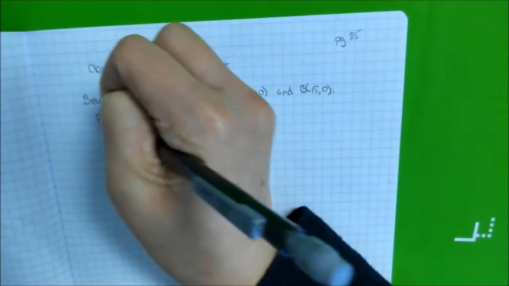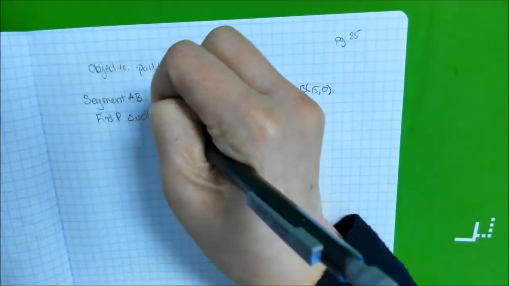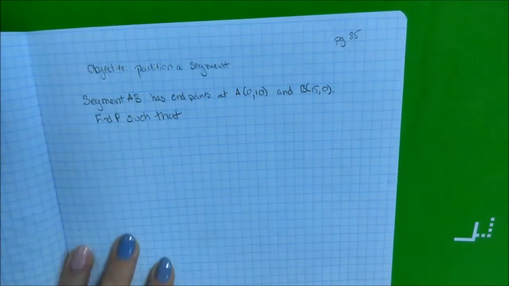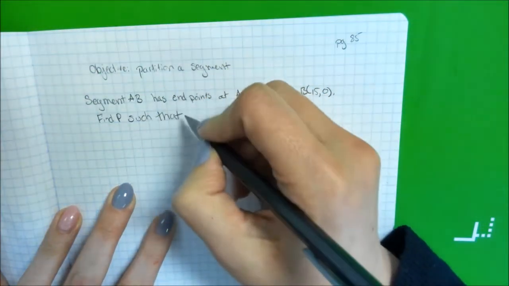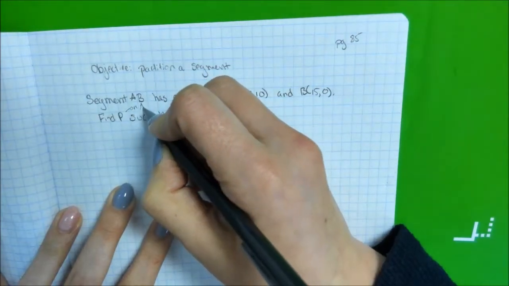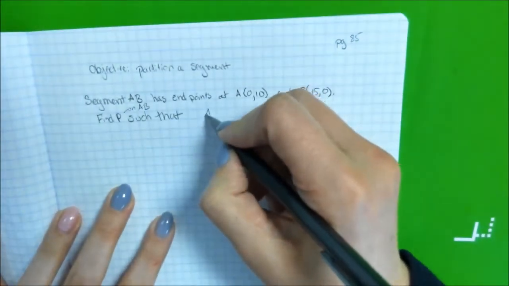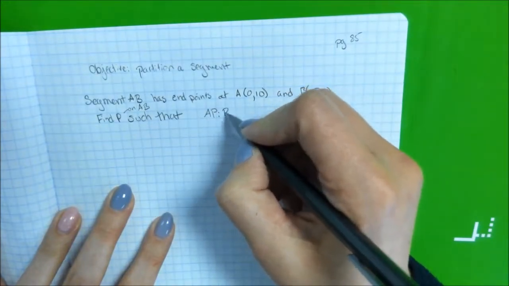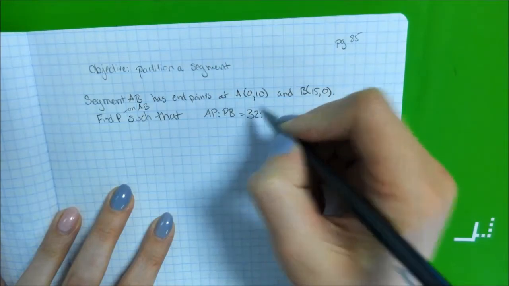Find P on AB such that AP compared to PB is in the ratio of 3 to 2.